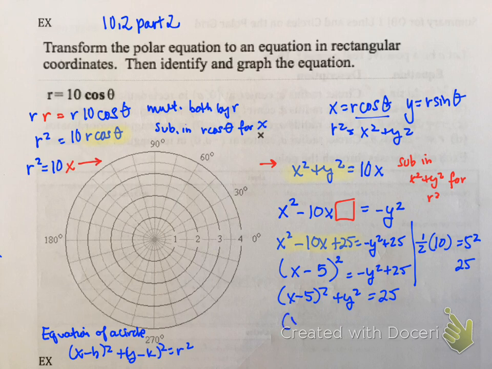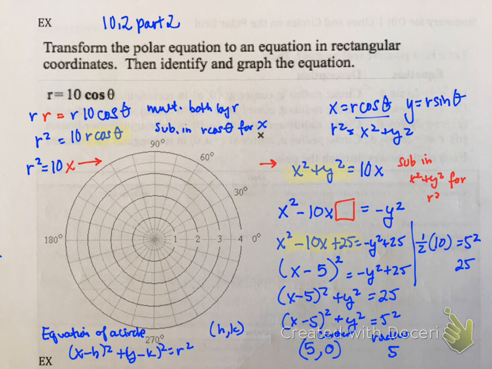I'm just going to rewrite that 25 as 5 squared so it matches up. Now, I know a bit of information. I know my center of my circle, and it's going to be h comma k. In this case, I have an h of a value of 5, and k is 0. So my center is at 5, 0. And my radius is equal to 5.